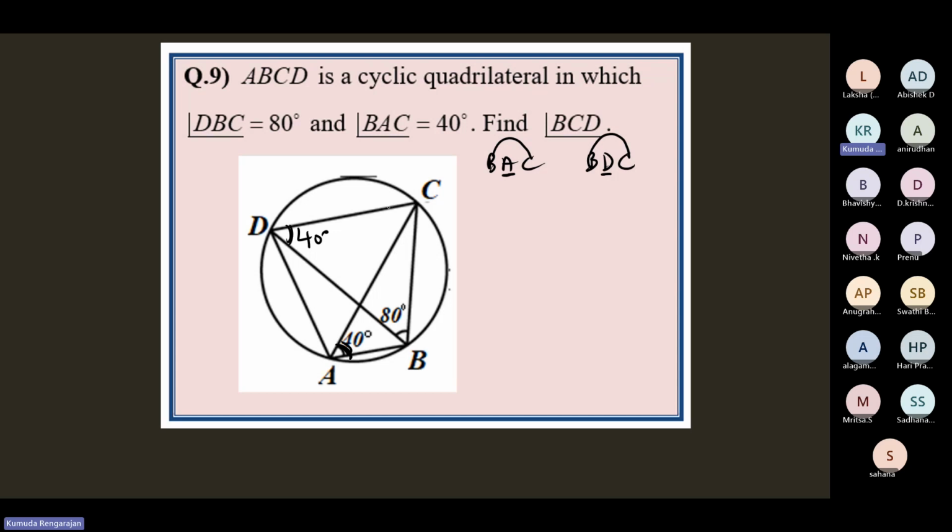Now we can find this angle using angle sum property in a triangle. In triangle BDC, one angle is 40 degrees. This angle is 80 degrees. So you can find the third angle using angle sum property.